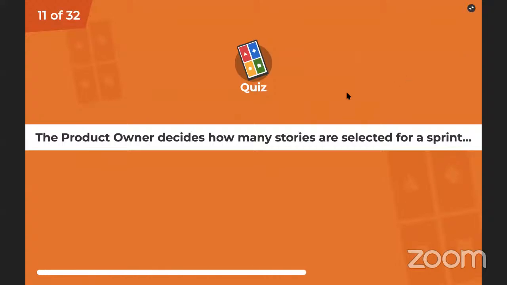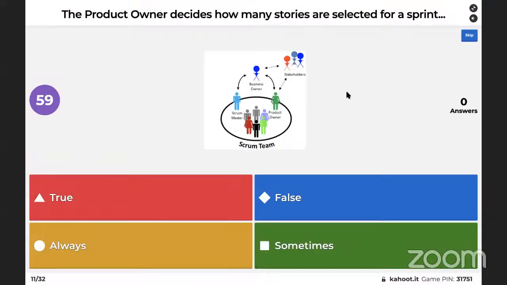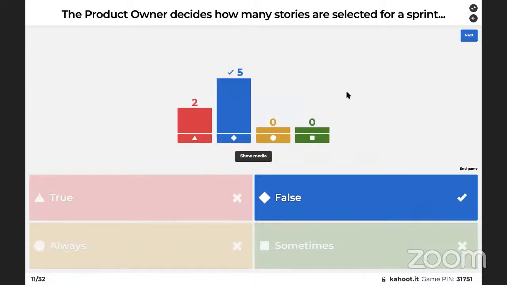The product owner decides how many stories are selected for a sprint. True, false, always, sometimes. This is a repeated question actually in a different way. Yes, false.